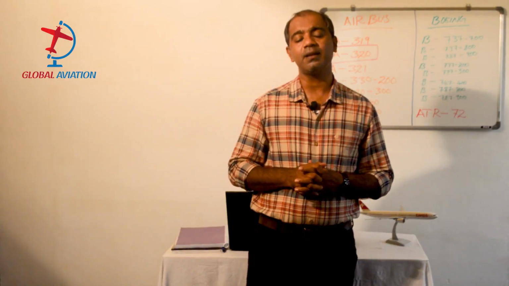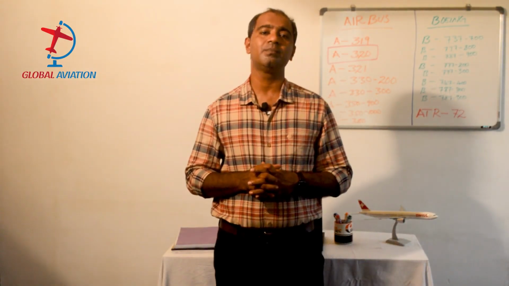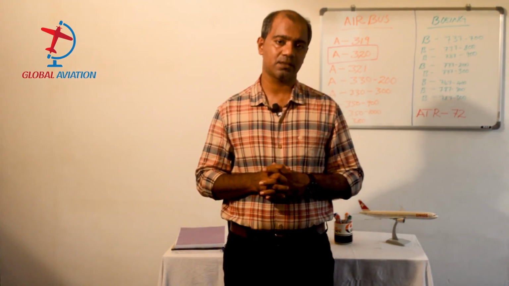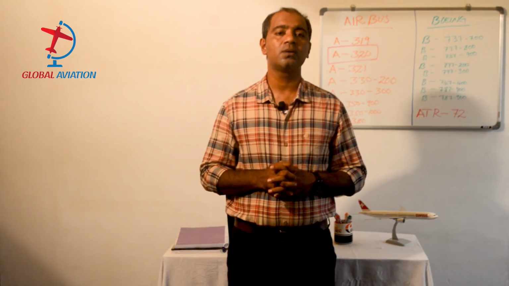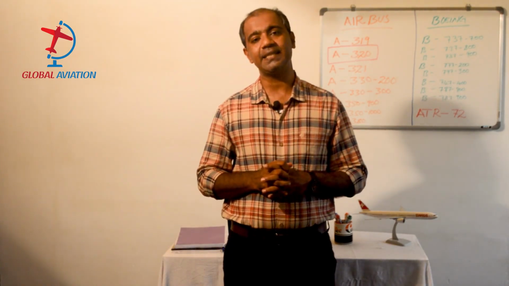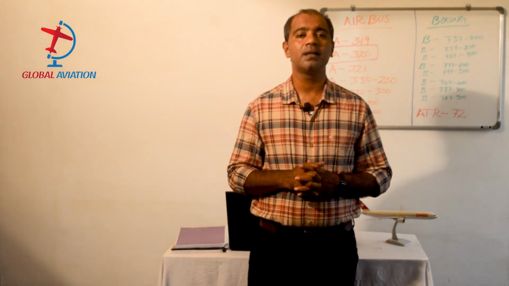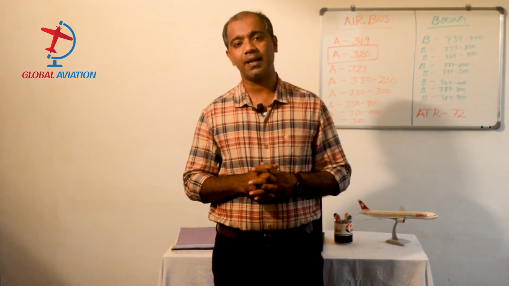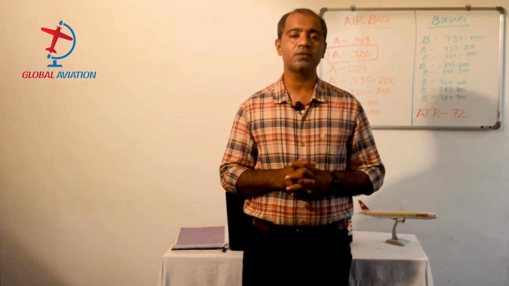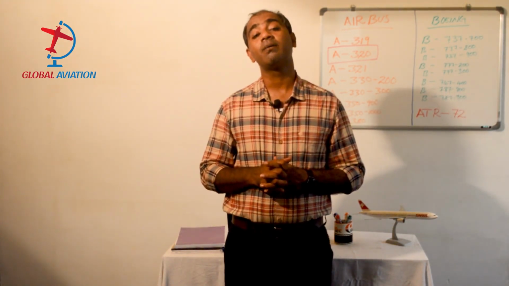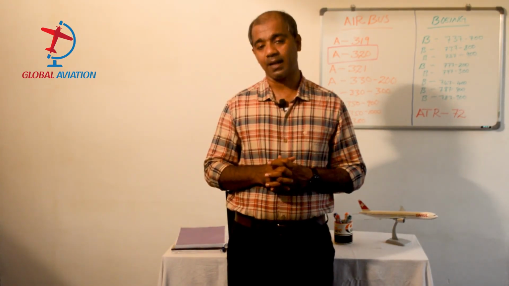They are selling first class seats, business class seats, economy class seats. So the number of seats is comparatively lesser than a budget airline. So what I mean to say is, the seating configuration is based on the requirement of the airline.